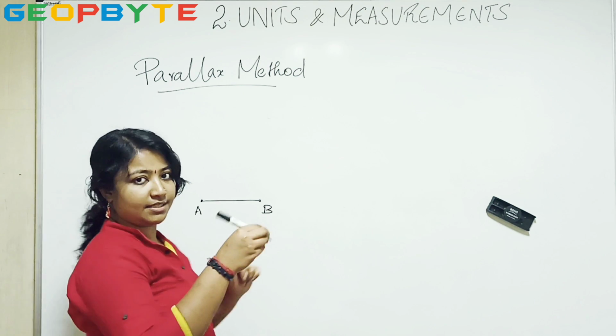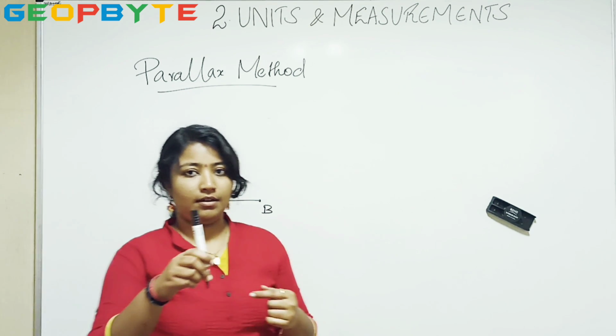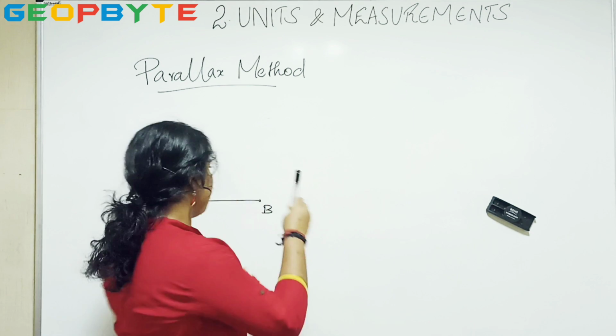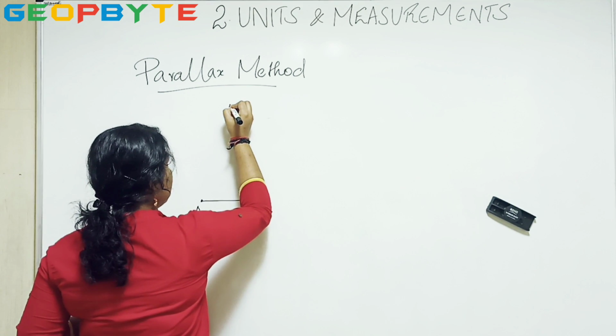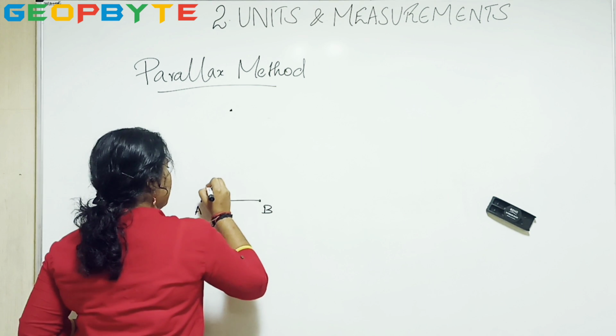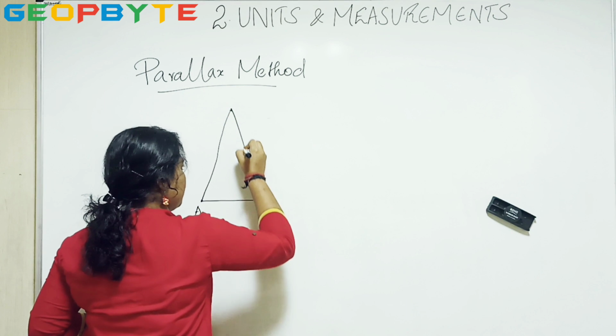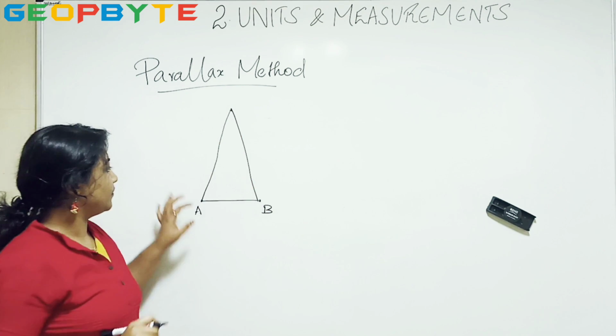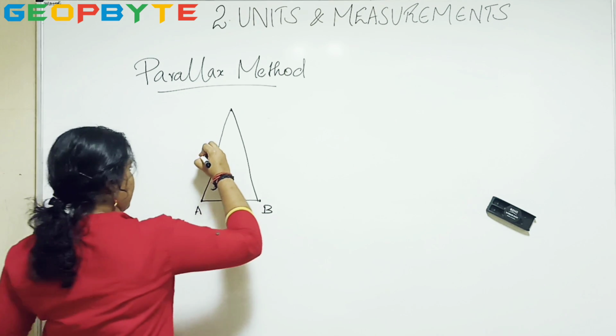So the distance of this, I am holding it right in front of me. If my marker is here, if I keep it here, this is the distance D.